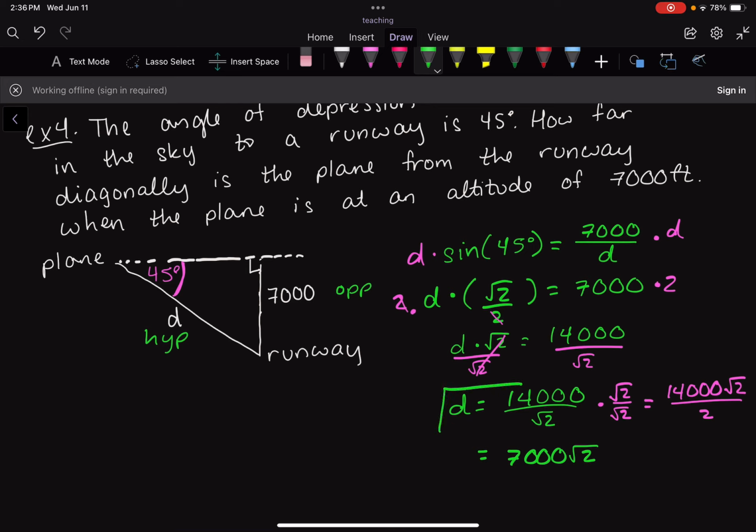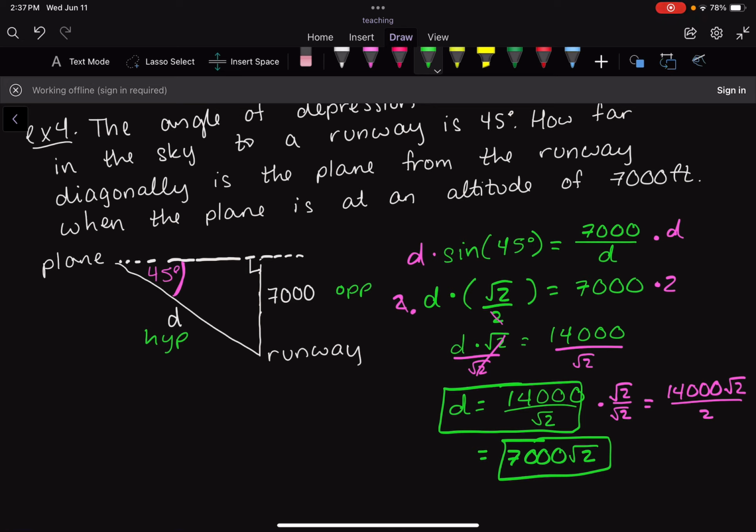I'm okay with either of these answers, but the homework is going to want the rationalized version. Again, rationalized means no radical in the denominator. So if you have any questions about this, please do let me know.